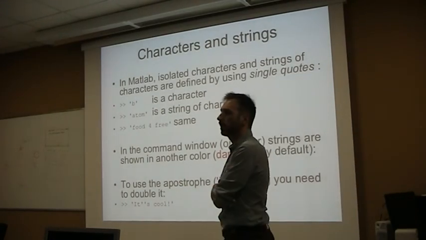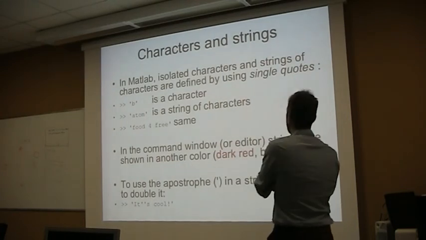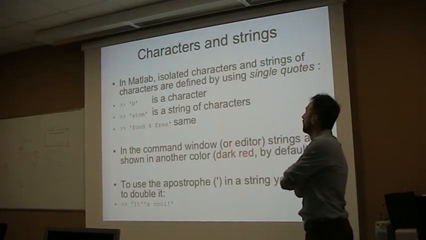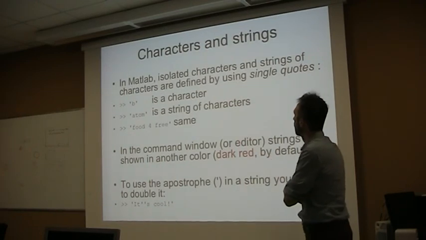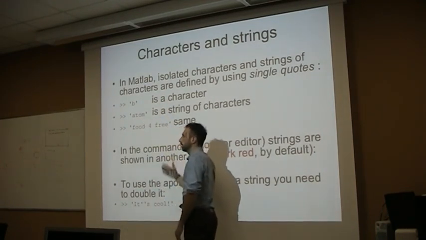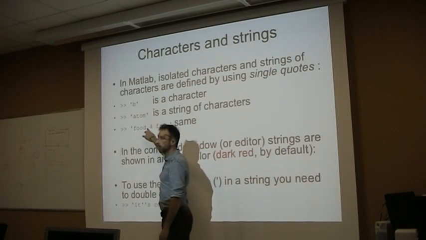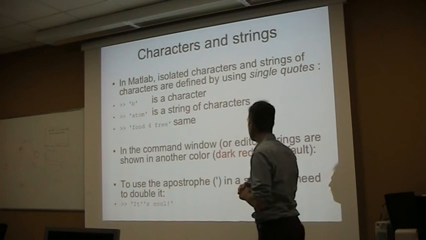So we talked a lot about numbers, but we haven't talked a lot about characters and strings. If you use a single quote, that's how you tell Matlab that you're actually giving it a character or a string. So one letter is a character, and a series of letters will be a string. Spaces also are part of the string if they're contained in the quote.